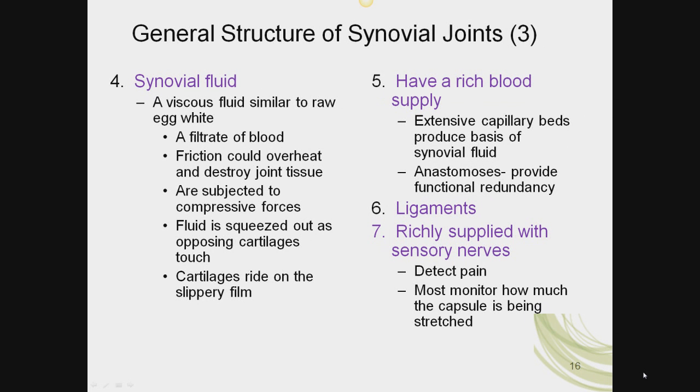It allows for a backup plan. There is also an anastomosis that we see not in a joint, but another example would be the circle of Willis in the brain. Again, it's a set of blood vessels that create one big giant circle, and it allows a forwards and backwards approach to blood delivery to a particular joint or important structure.